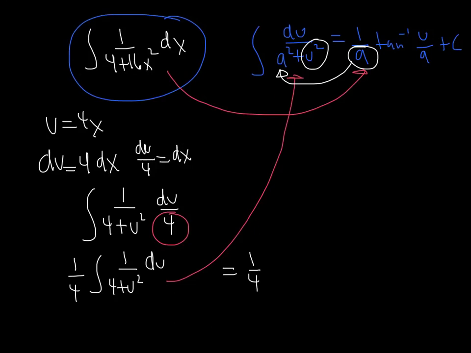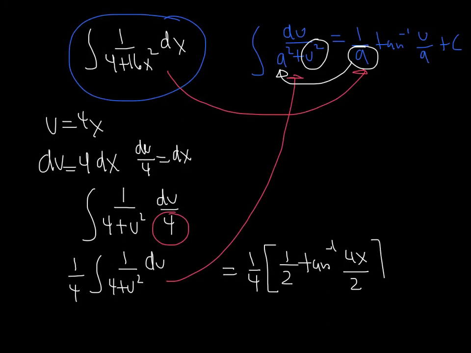1/4 times 1 over 2 inverse tangent of u, which we'll just go back and plug in u, which is 4x, over a, and a was 2.